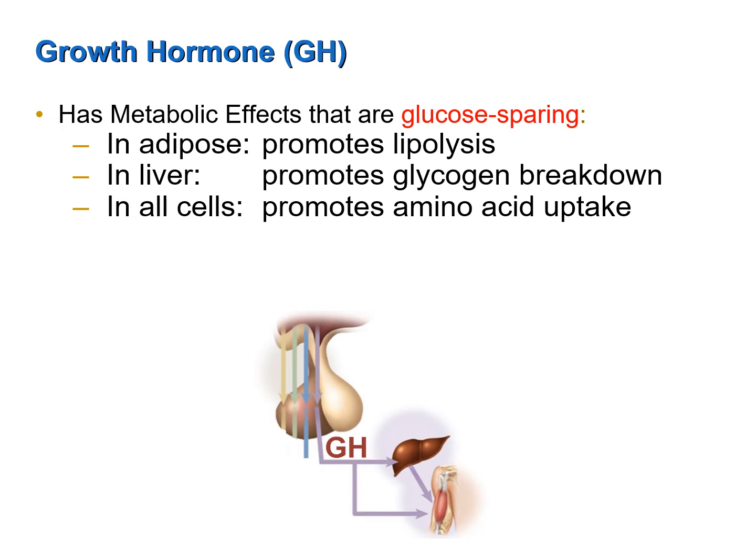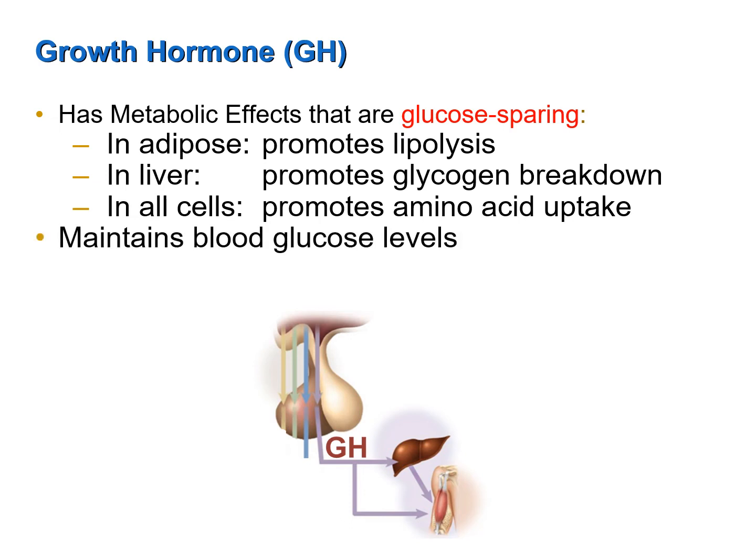It targets the liver, promoting the breakdown of glycogen to release glucose to help maintain blood glucose levels. And in all cells, growth hormone promotes the uptake of amino acids for the synthesis of proteins.